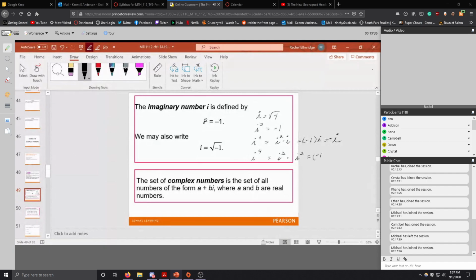So that's -1 times -1. So i to the fourth turns out to be our simplest expression, which is just 1. So those are the most common ones that we use. If you're simplifying some number that has an i with an exponent bigger than 4, you can break it down into something that's divisible by 4. We'll go into a few of those a little bit later.